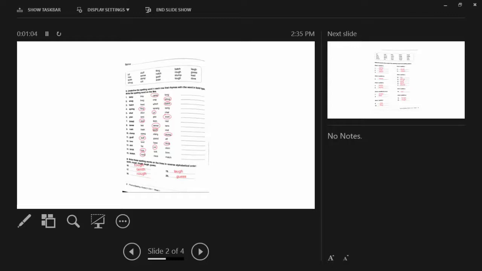So now these short vowels, part A: underline the spelling word in each row that rhymes with the word in bold type. Write the spelling word, underline. On the board in front of you, you have to select out of 3 the same sound or rhyme.